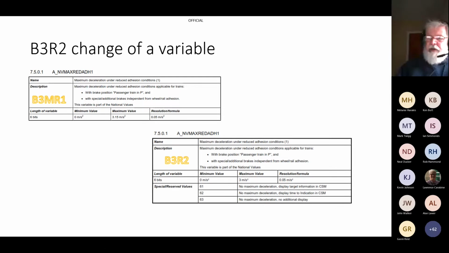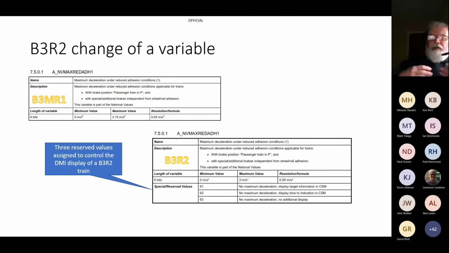If we move on to baseline 3 release 2, in baseline 3 release 2, the top 3 values expressed as decimal have now got special reserved values. And those reserved values were introduced to control the display on the DMI for a baseline 3 release 2 train. So now we have an interesting question.